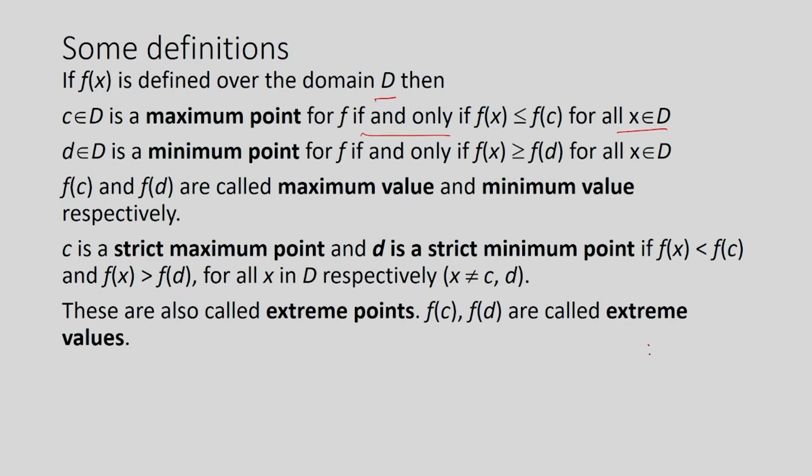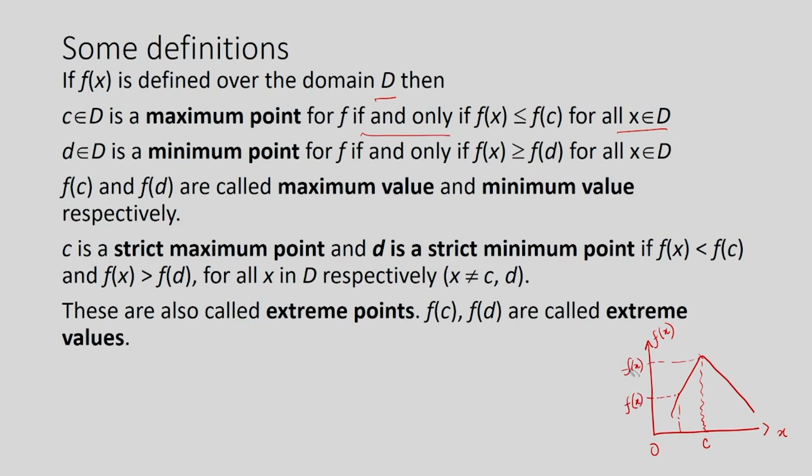So, you can think about this. This is a maximum point, right? This is small c, and here you have the independent variable, and here you have the dependent variable. And here you can see, obviously, for any x in the domain, the value of the function, that is f(x), is less than the value f(c).